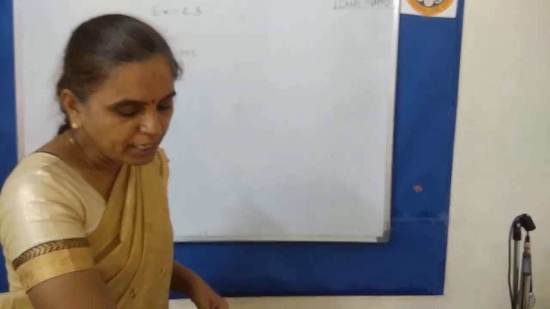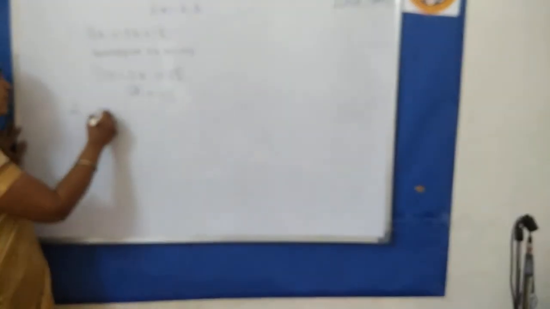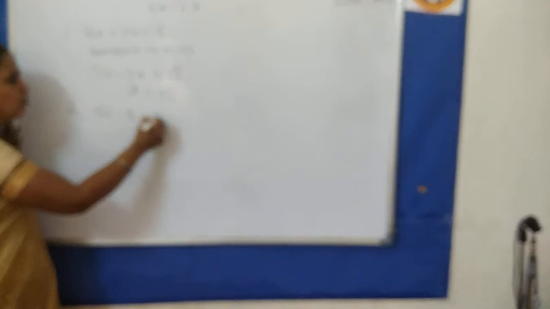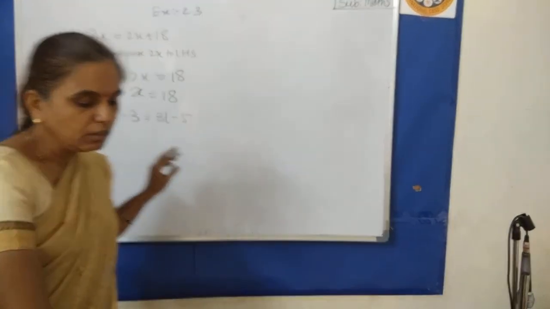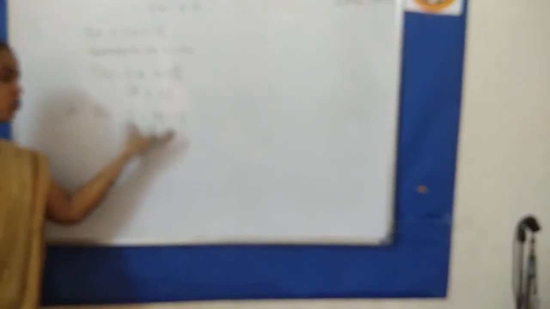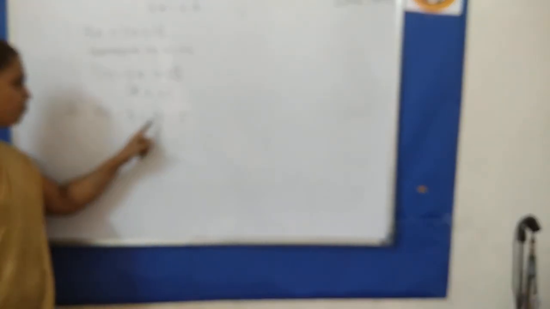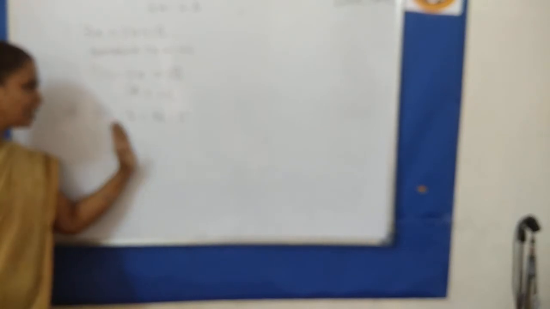Now let us see the second one. 5t minus 3 is equal to 3t minus 5. Now here both the numbers and the variables we have to transpose. See carefully. First we transpose the variables towards the left and then transpose numbers towards the right.